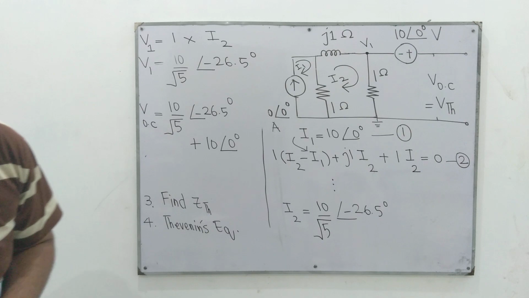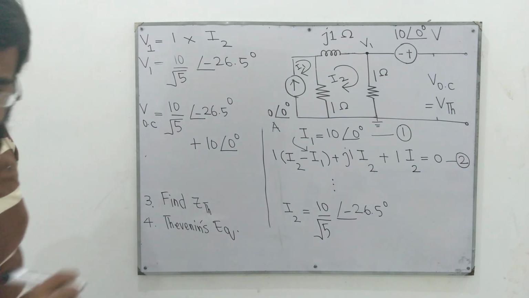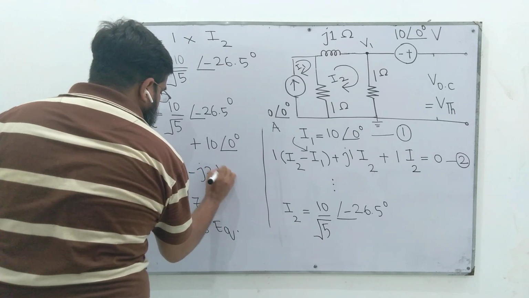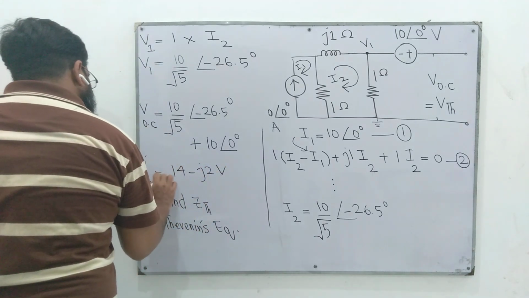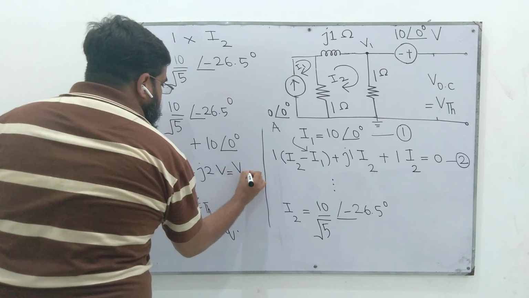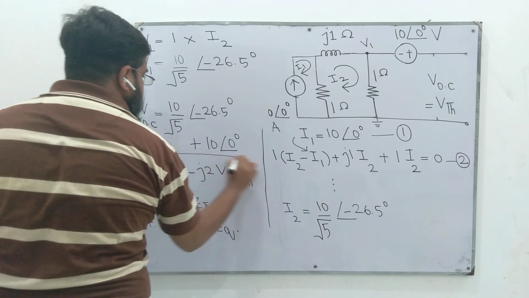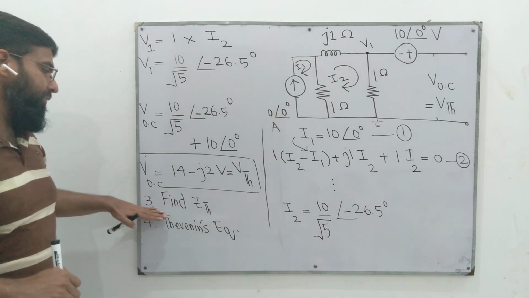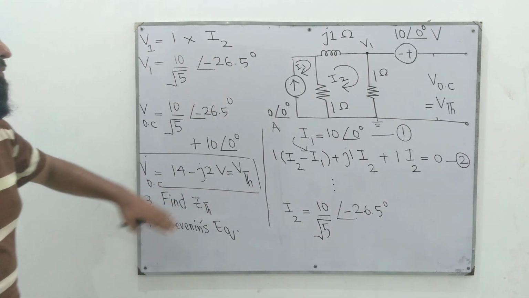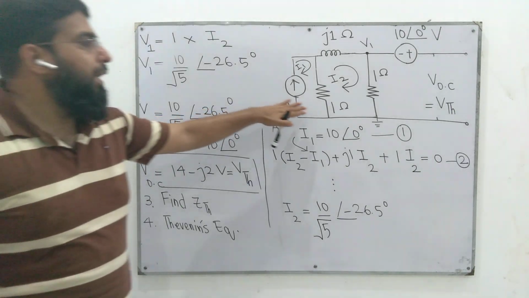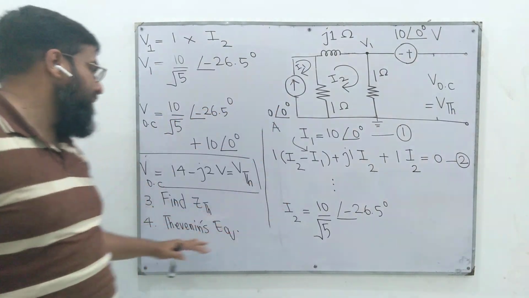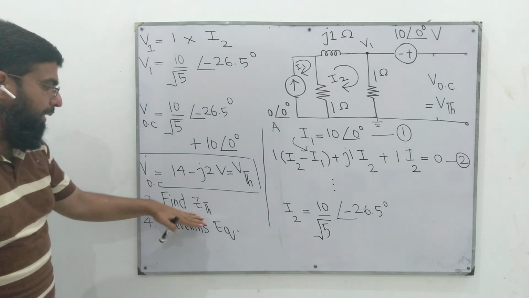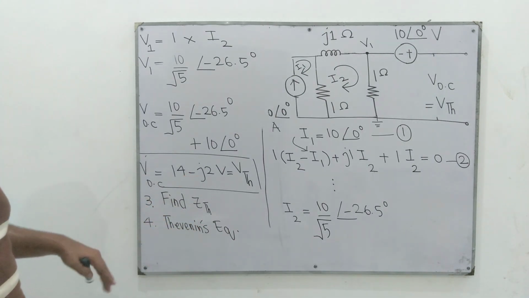Solving this gives us VOC or Thevenin is equal to 14 minus J2. So now we have computed VOC as a result of applying loop analysis technique, and this concludes step number 2.